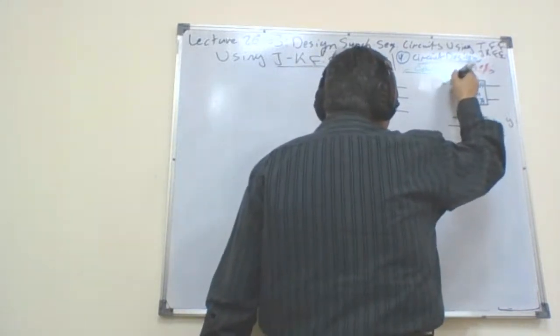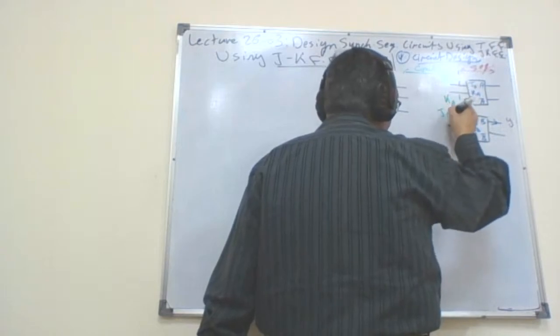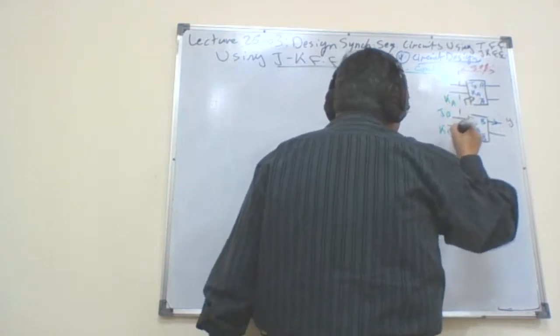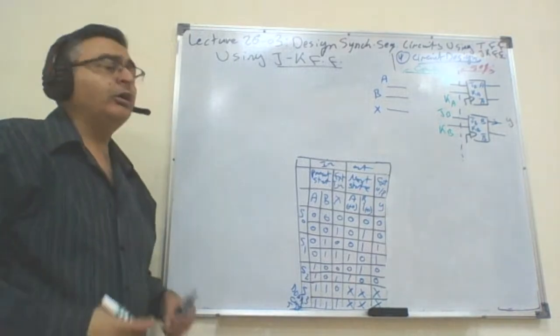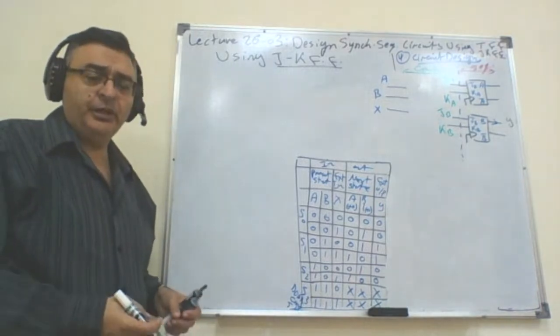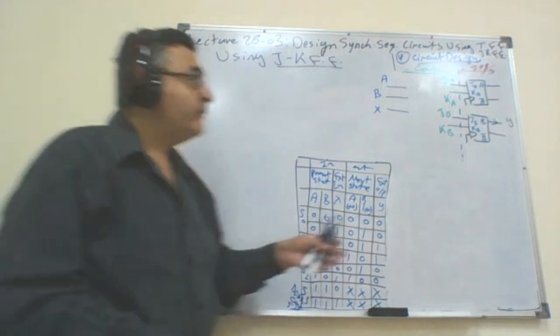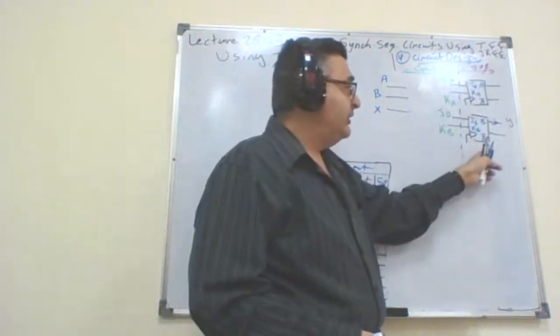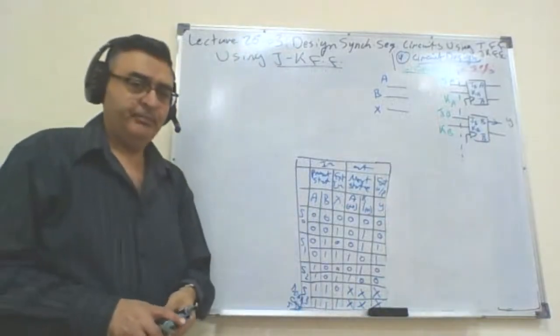Their names are JA, KA, JB, and KB. So what only differs if I change the type of the flip-flop is the flip-flops themselves and the design for the combinational circuit for that.